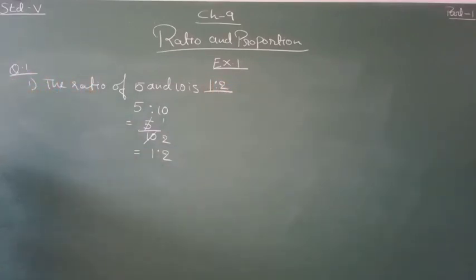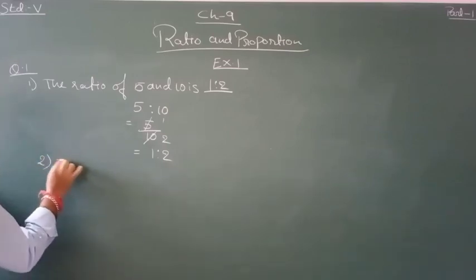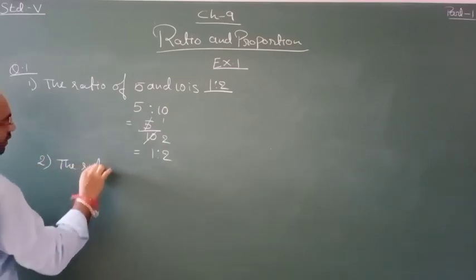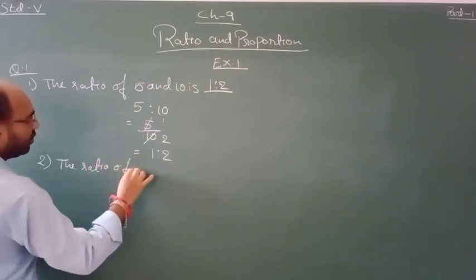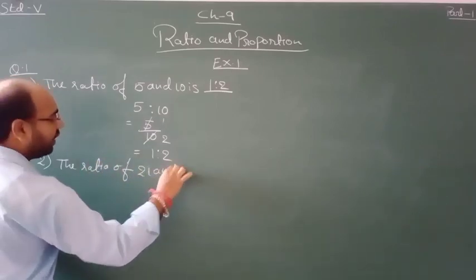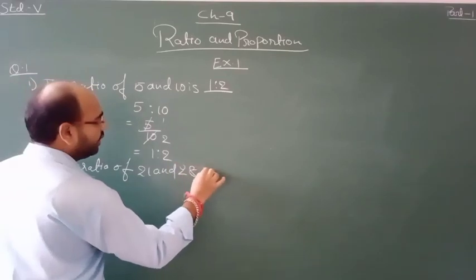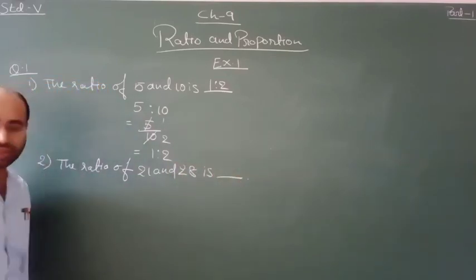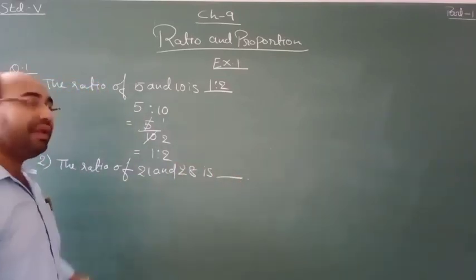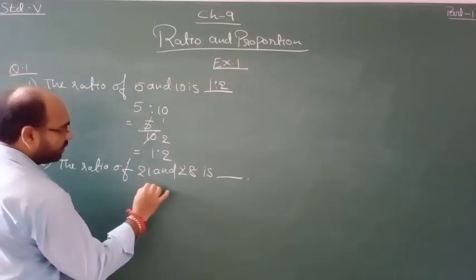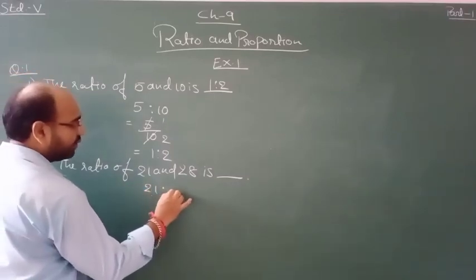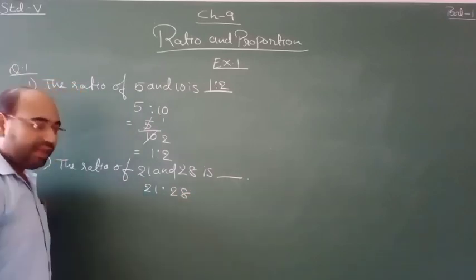Same way, second one is being given the ratio of 21 and 28 is dash. So what it will be written? It will be written as 21 is to 28.